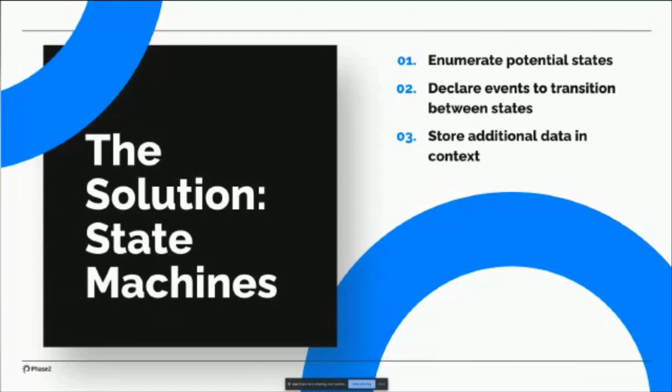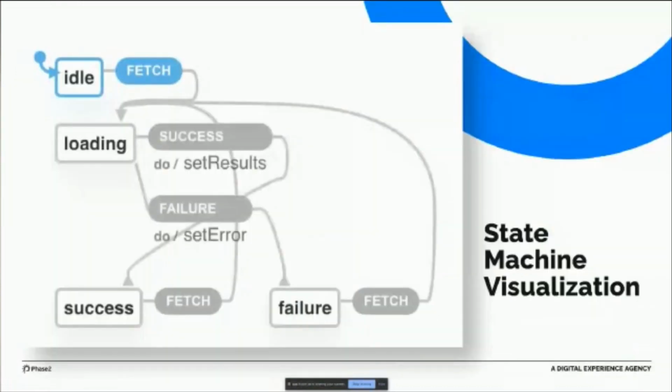The more pill-shaped bubbles are our events that we can dispatch on a given state. And then underneath success and failure, where we see do set results or do set error, those are actions. And actions are how we can mutate or create new contexts. So we're going to actually go ahead and create this machine with XState right now.